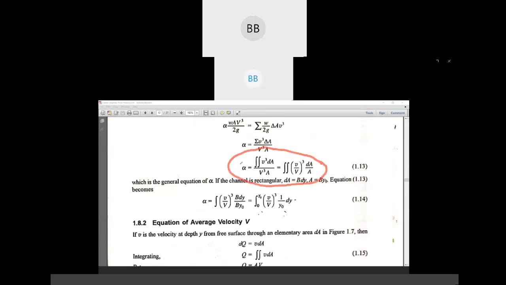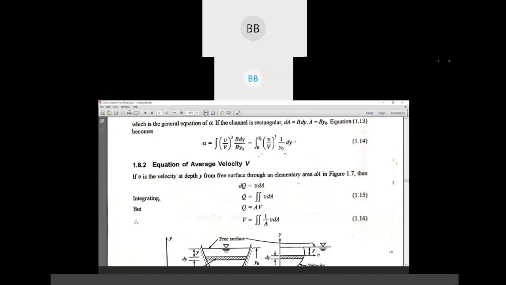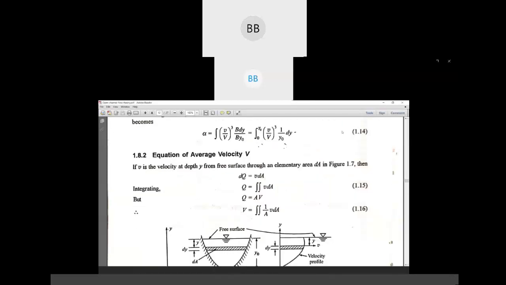Then we took one example of a rectangular channel and discussed how to solve for alpha for a rectangular channel. We also discussed how to calculate the velocity, that is the average velocity. The last class we discussed all these things.